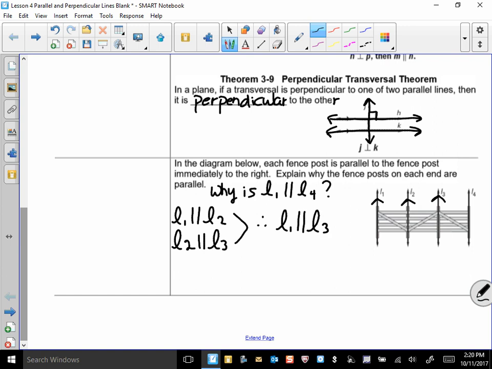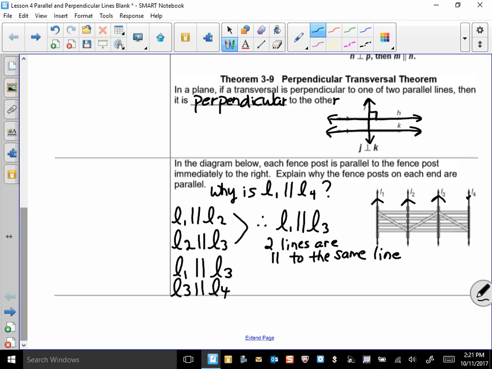And remember, it's not because of the transitive property or the law of syllogism. It's because of the theorem that says two lines are parallel to the same line. And in this case, that would be L2. Okay, so I've got L1 is parallel to L3. All right, and I also know that L3 is parallel to L4, right?